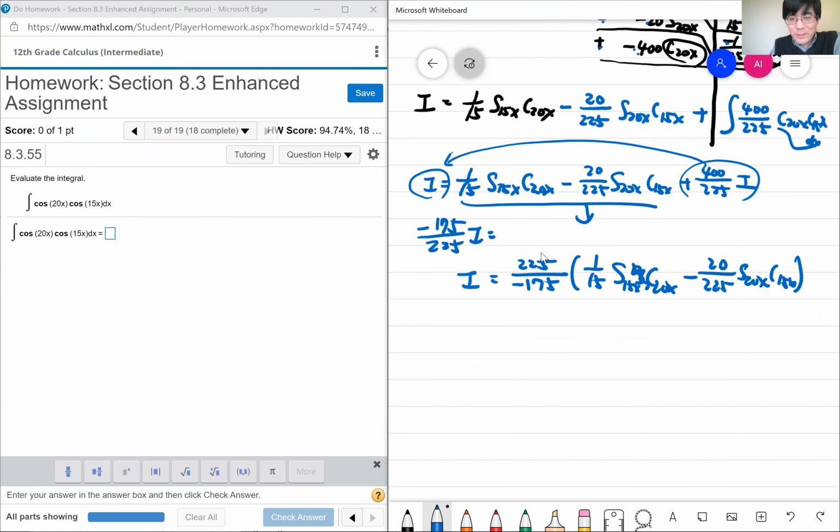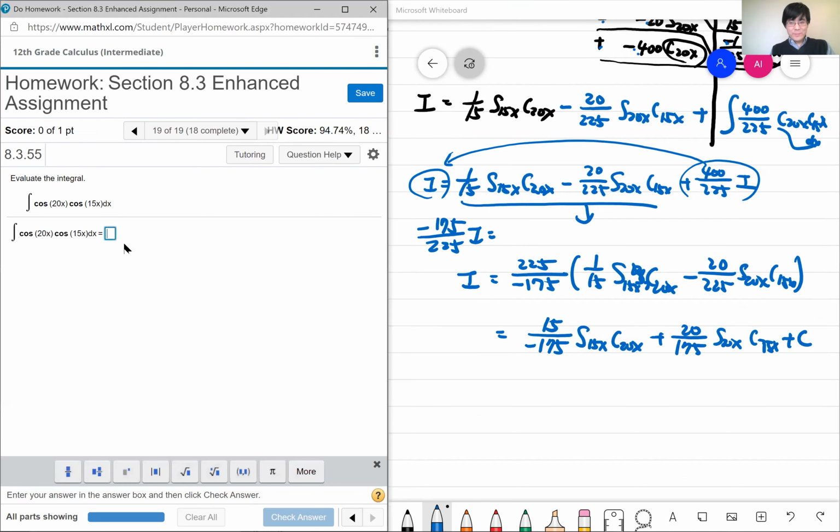So after reduce the fraction like this, it's gonna be 15 over minus 175 of sine 15x cosine 20x plus 20 over 175 sine 20x cosine 15x, and add C. So let's see the Pearson accept this answer.